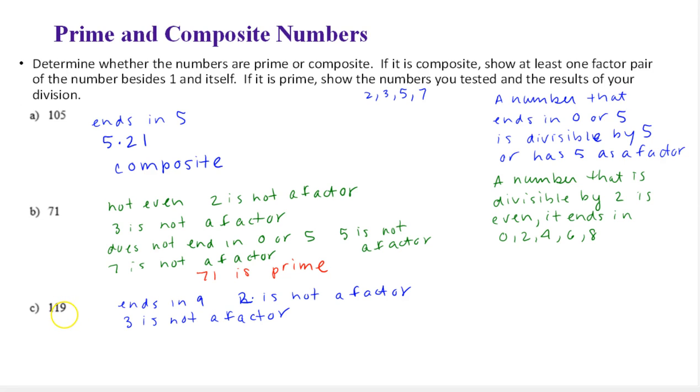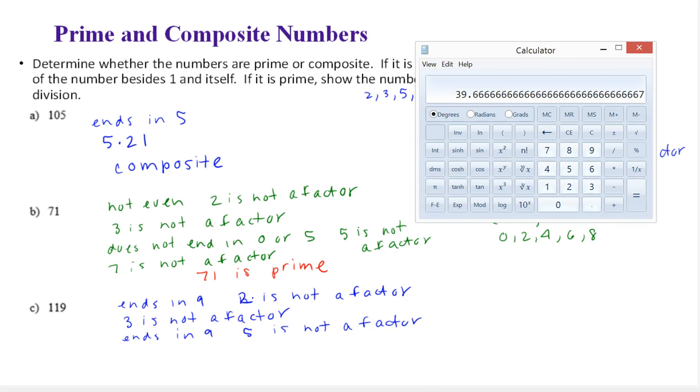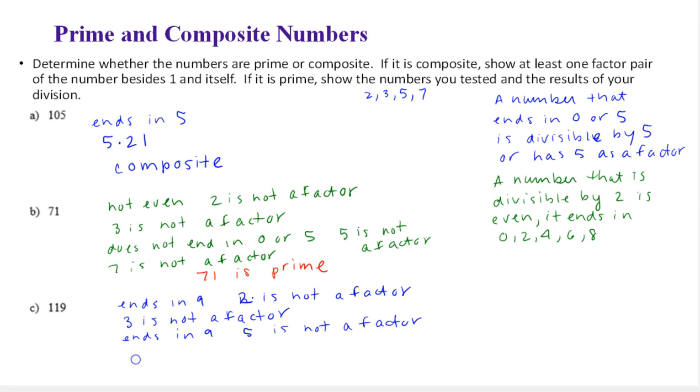Since it ends in 9, it's not ending in 0 or 5, so that means 5 is not a factor of 119. So we have one last number to check, 7. And look, it goes in. So we have 7 times 17 equals 119. So we did find a factor besides 1 and 119, which means 119 is composite.